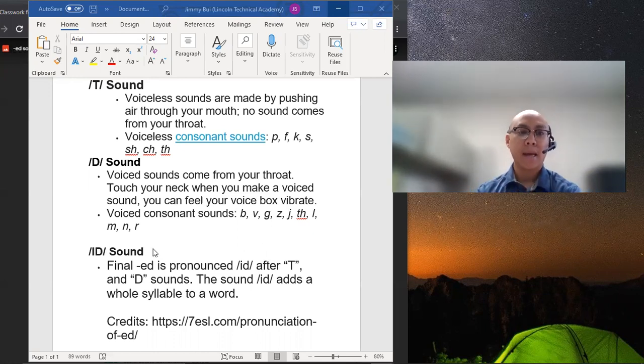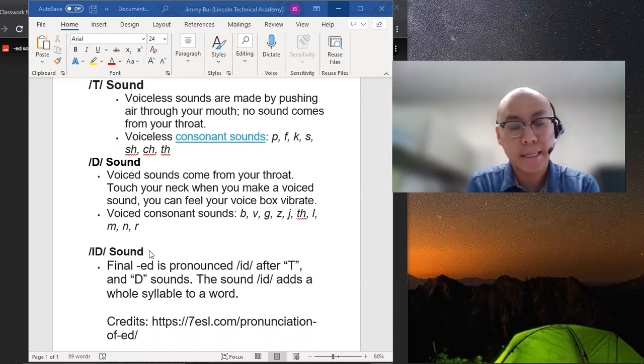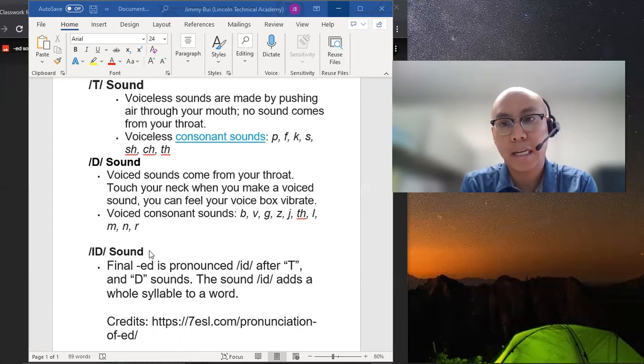Okay, here we have the id sound. It's an extra syllable added to a word. And the sounds prior to the ed are going to be ta and da. So an example of a word would be vote.